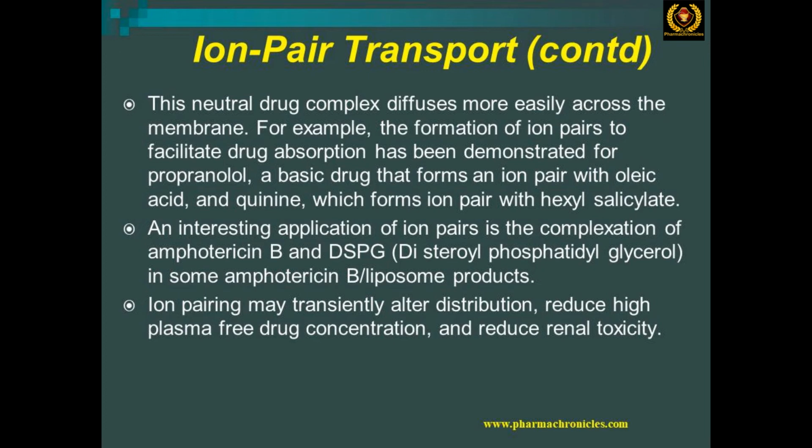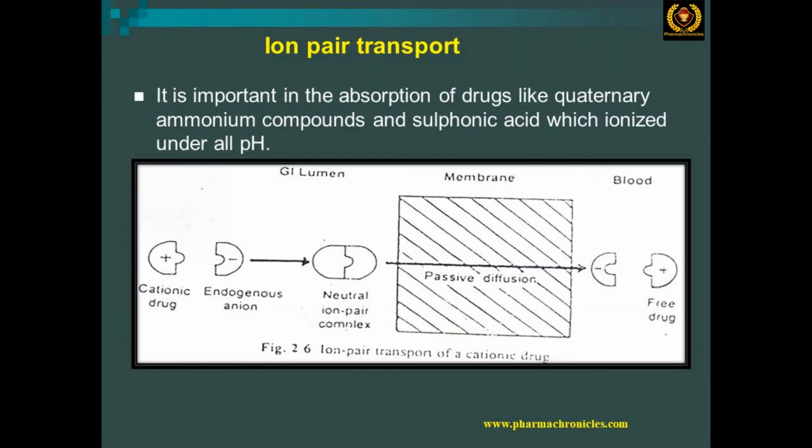Ion pairing may transiently alter distribution, reduce high plasma free drug concentration, and reduce renal toxicity. Ion pair transport is important in the absorption of drugs like quaternary ammonium compounds and sulfonic acid, which are ionized under all pH.